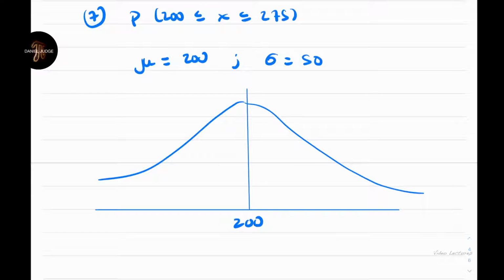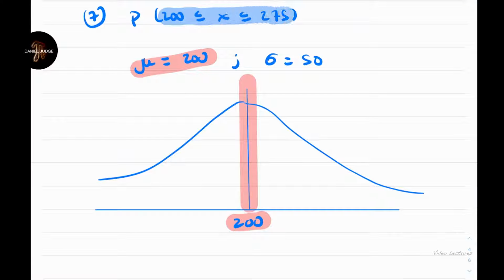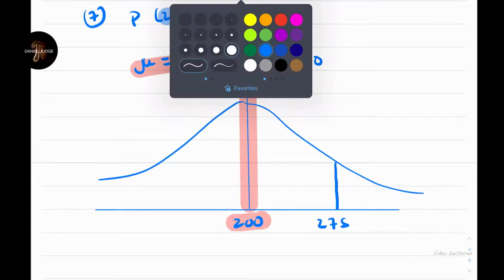Okay, so let's draw a picture of the question. This is where that mean belongs, 200 right here. Now, the question is the probability that it's between 200 and 275. So here's 200, and here's 275.